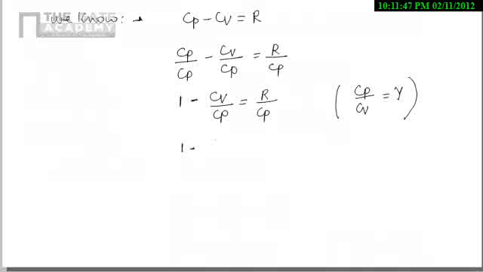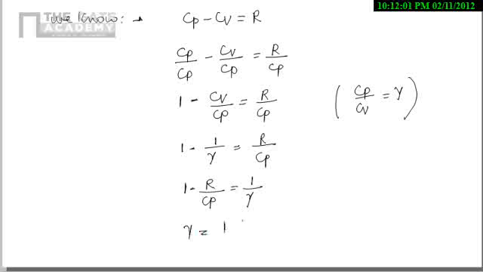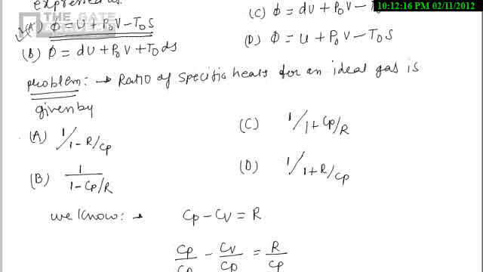So 1 minus 1 by gamma equals R by Cp. So 1 minus R by Cp equals 1 by gamma. Now if we reciprocate, 1 upon 1 minus R by Cp will be the ratio of specific heat. So the correct answer in this problem will be A.